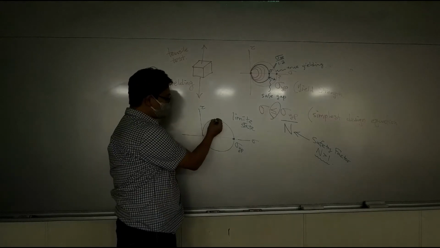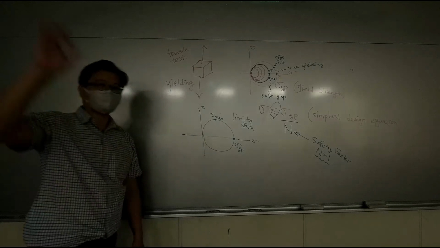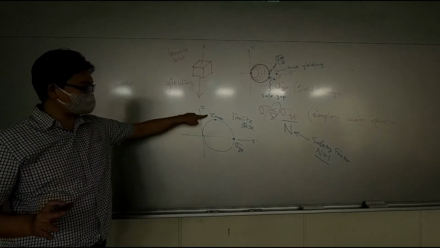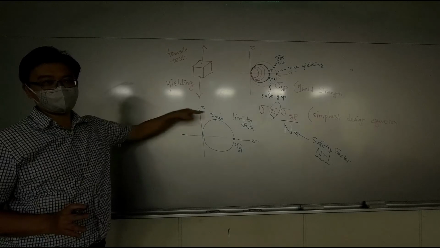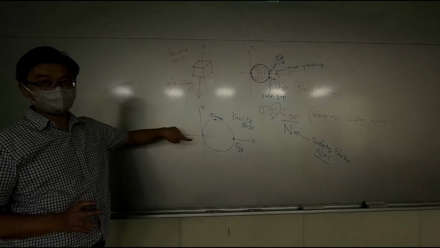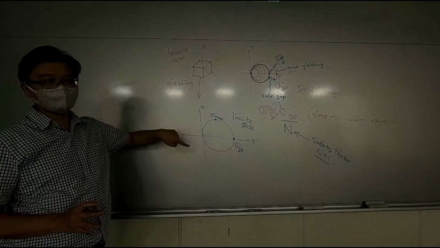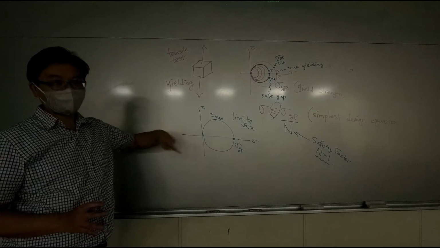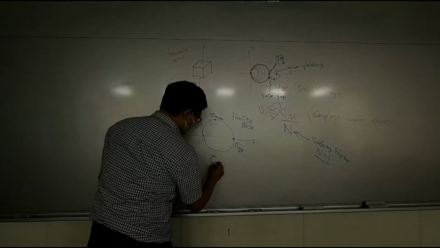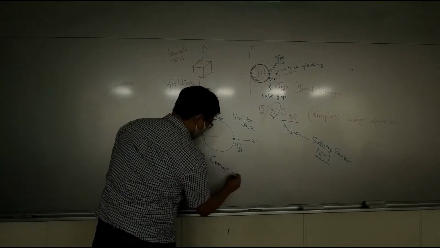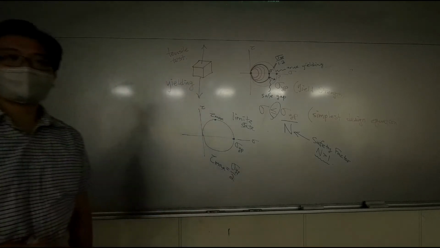It's right here. This is your maximum shear force. Can someone tell me what's the magnitude of maximum shear at this point? It's very easy. Half of something. Half of yp, yes. So at this point, maximum shear is half of your yielding strength.